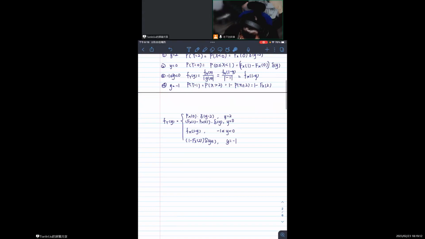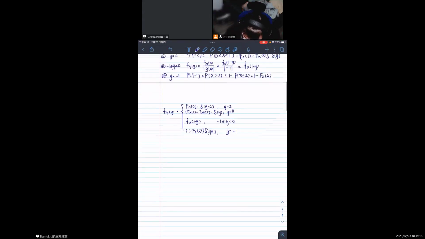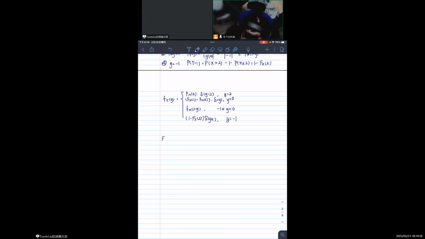And also we need to find the density function. Usually the density function should be defined by the integral, but for this one we don't need to do it that complicated, I think. We need to cut it by range.